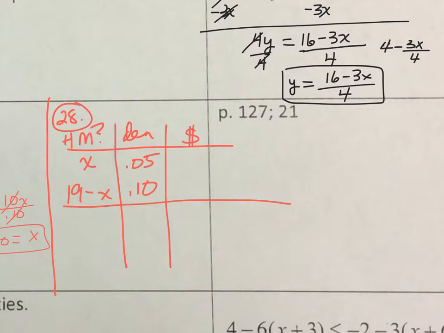So X times 0.05 is 0.05X. 0.10 times 19 minus X is just what I just said. And when I add those, I should get the amount of money that I have, which is $1.55.